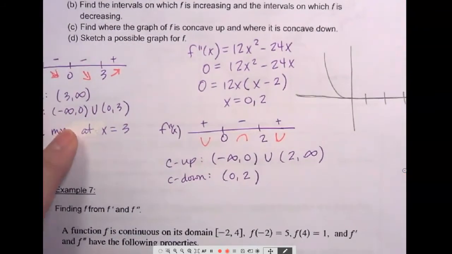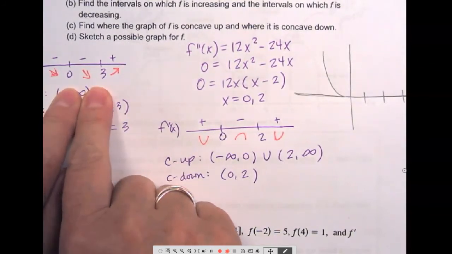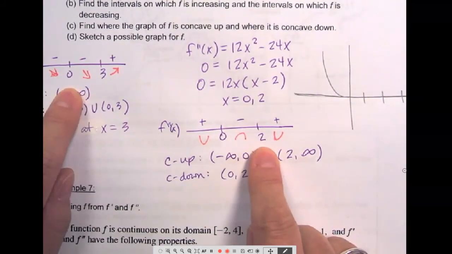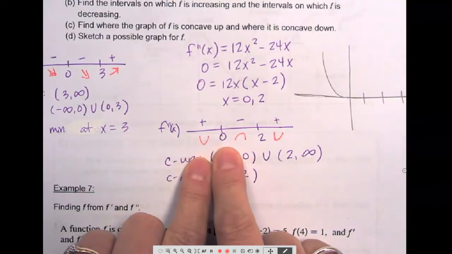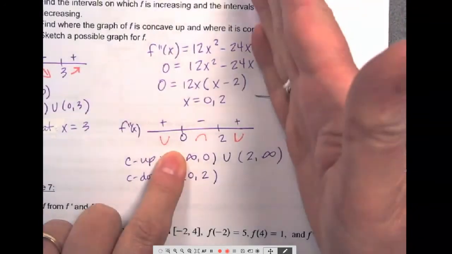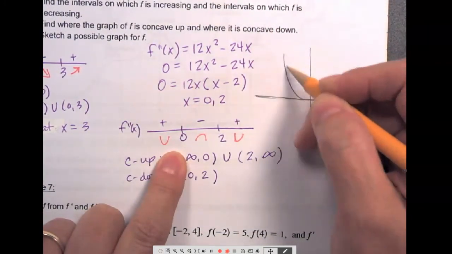But between 0 and 3, I'm decreasing again, and I'm concave down until I get to 2. I have points of inflection at 0 and 2, don't I? This was concave up, my bad.